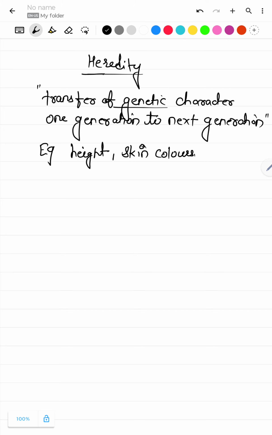Third, hair pattern. So all these characters are transferred by parent to the offspring through reproduction.